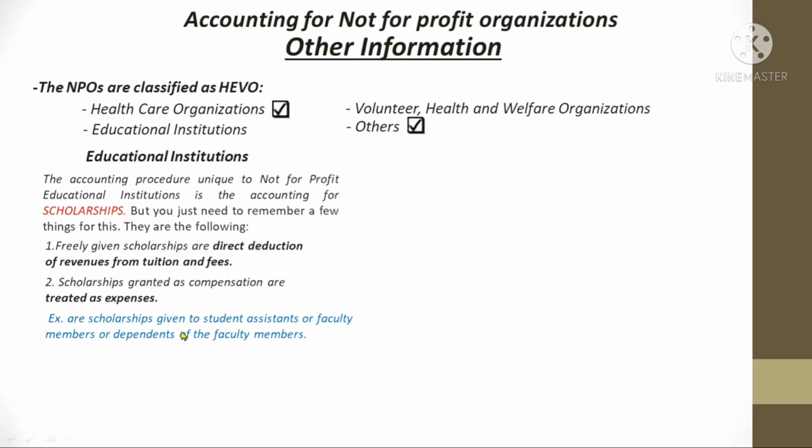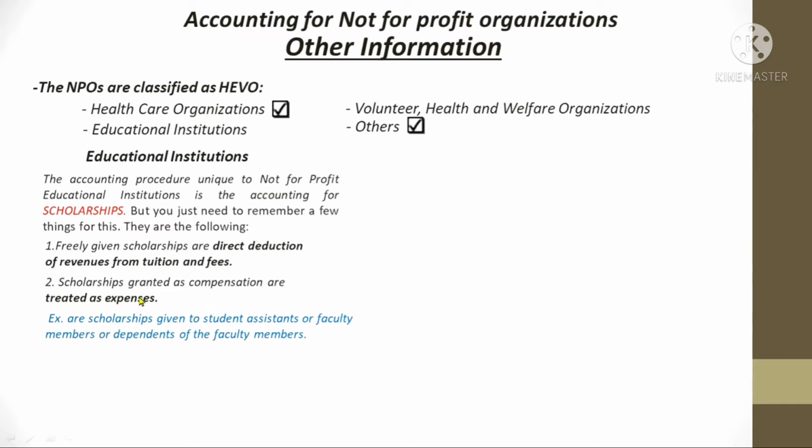It's as if instead of paying student assistant salaries, they are given scholarships, and the faculty members' scholarships are considered part of their salaries also. So scholarships granted as compensation are treated as expenses.